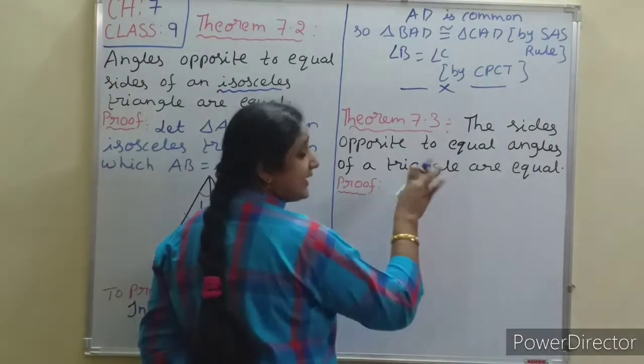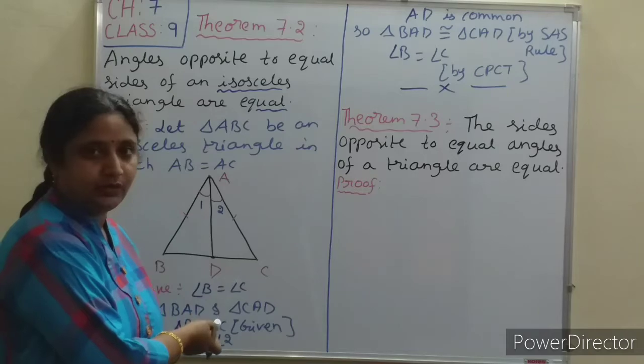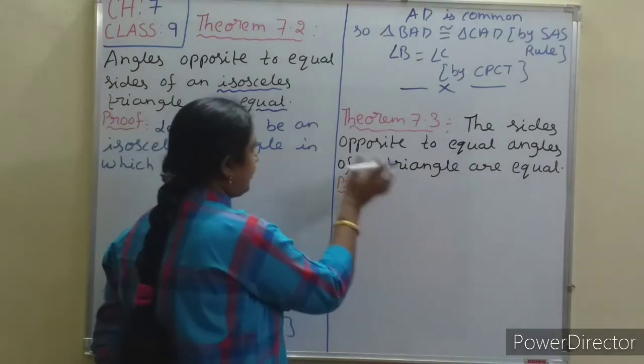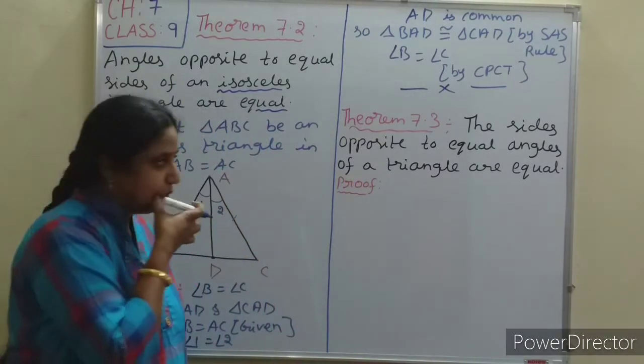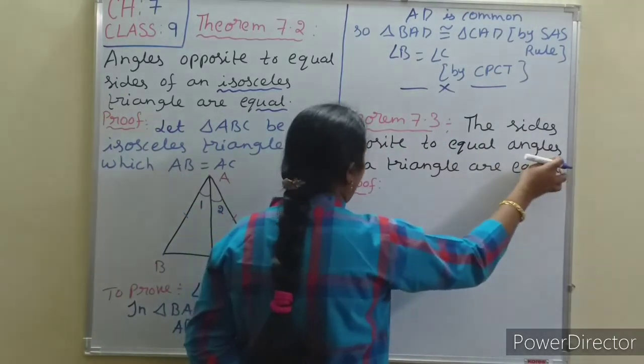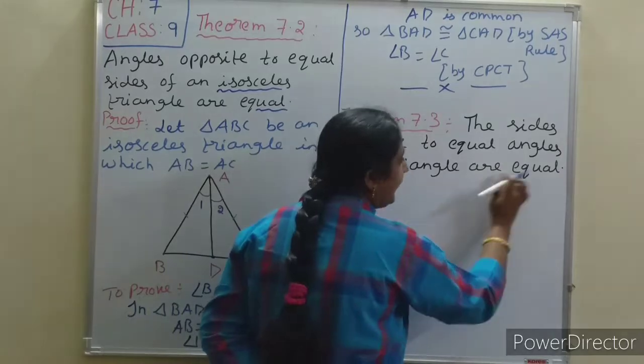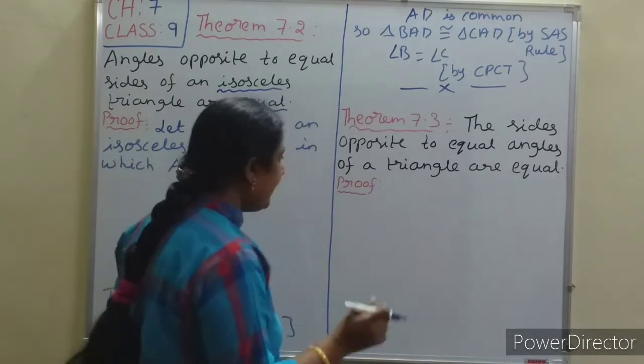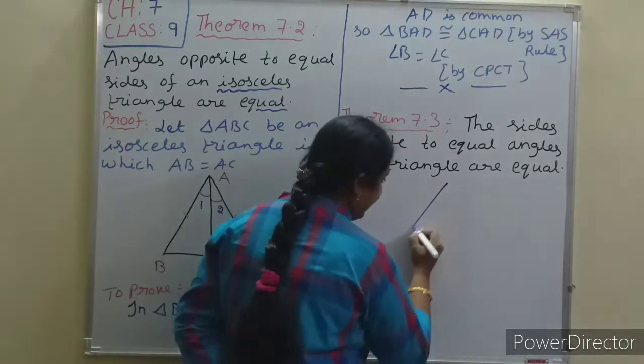This is just the converse of theorem 7.2. The sides opposite to equal angles of a triangle are equal. Here we are constructing triangle ABC.